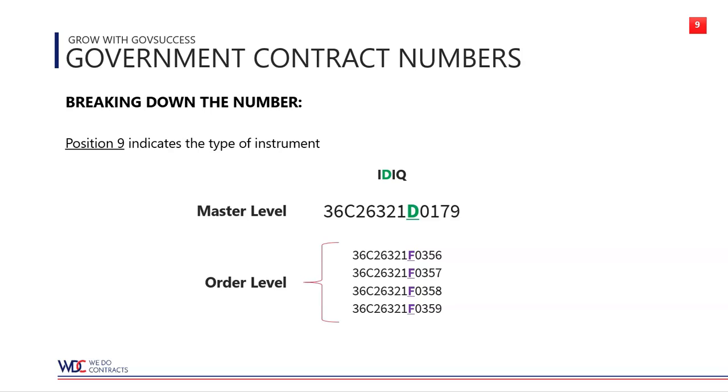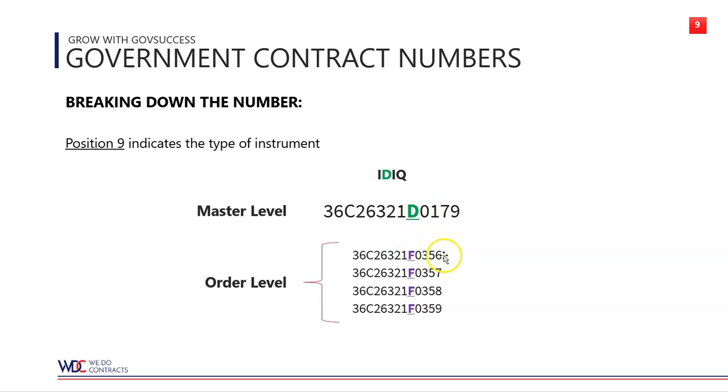So for example here, the 9th position is a D, so we know it's an IDIQ type contract. And then the order level has a bunch of different orders underneath it. And as you can see, they all have the same DODAAC. In this situation, they all have the same fiscal year, but you'll see the F which designates a task order or a delivery order underneath the IDIQ.